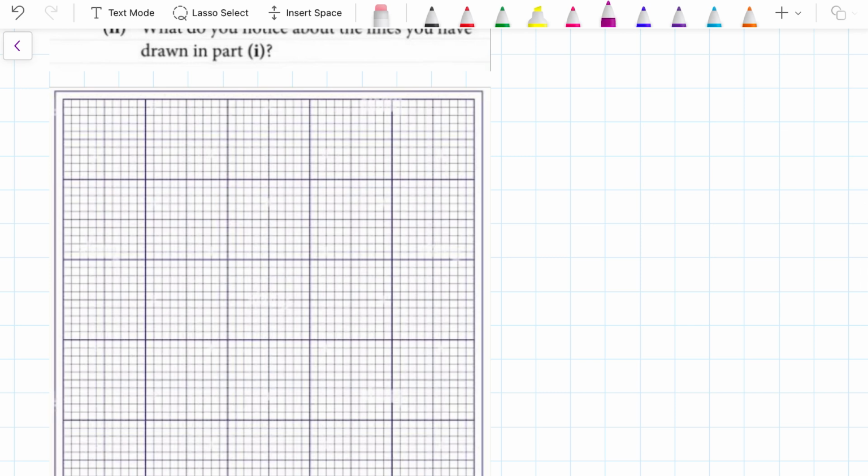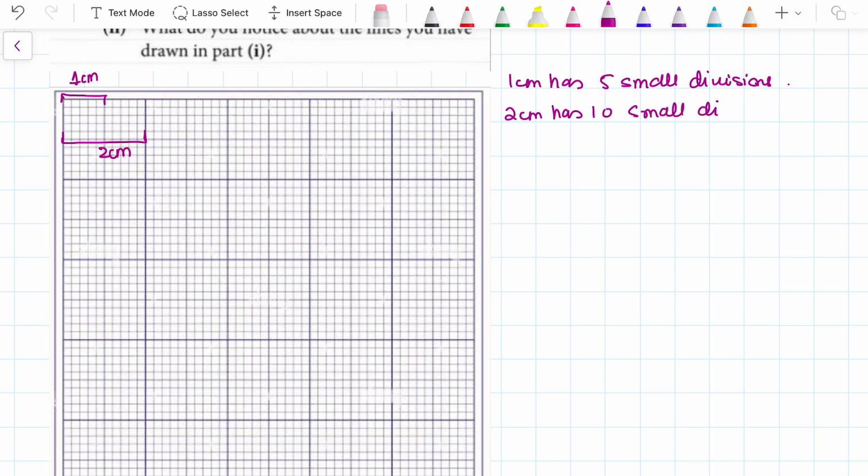This is called 1 centimeter, and this entire thing together is called 2 centimeters. 1 centimeter has 5 small divisions, and 2 centimeters has 10 small divisions. So over here, we do not measure it with a scale. We use this concept on the graph paper.